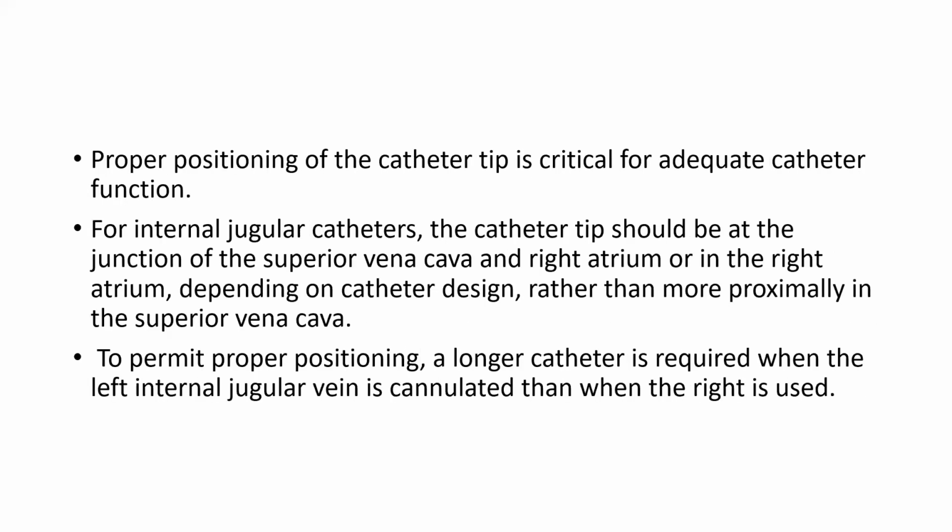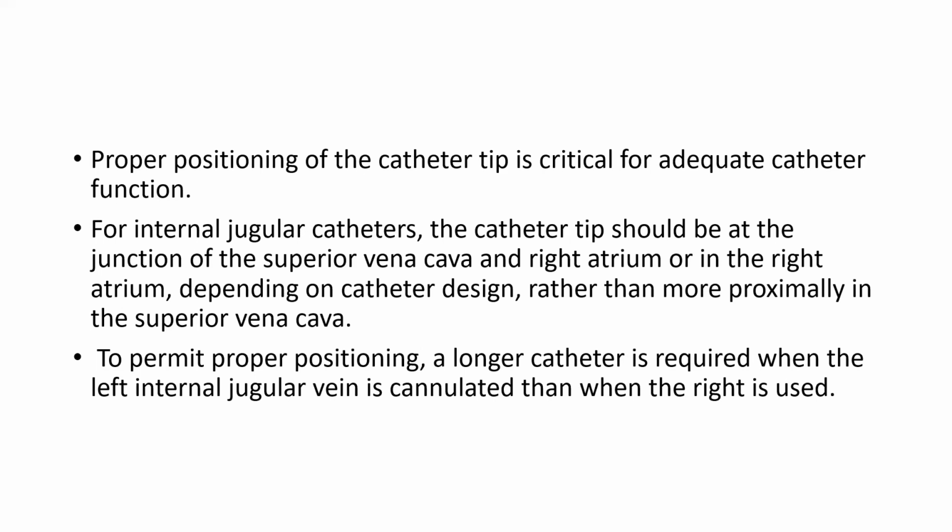The proper positioning of the catheter tip is critical for adequate catheter function. For internal jugular catheters, the catheter tip should be at the junction of the superior vena cava and right atrium, or in the right atrium, depending on the catheter design, rather than more proximally in the superior vena cava.